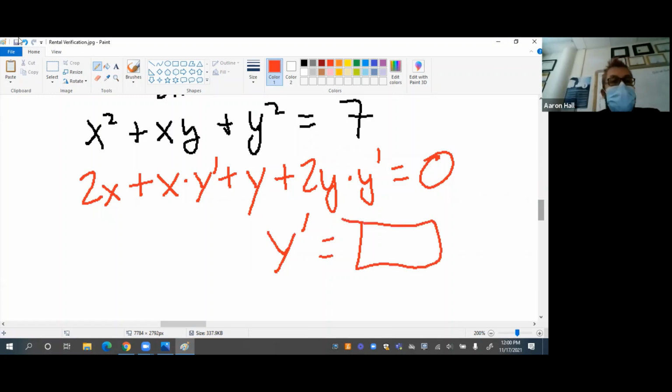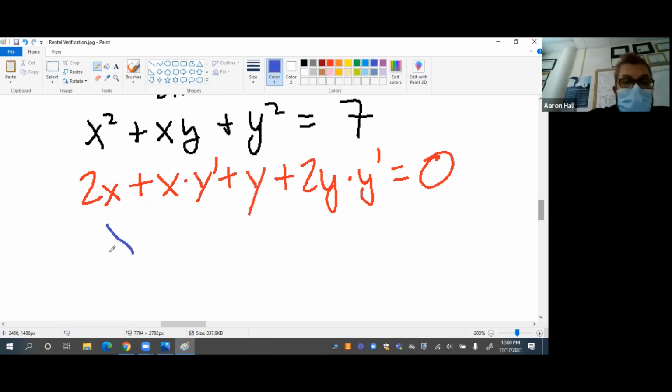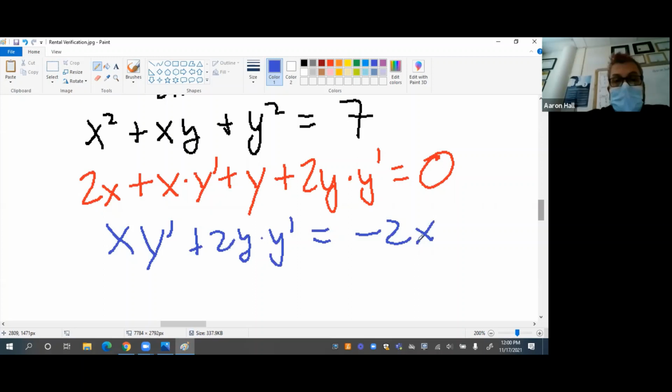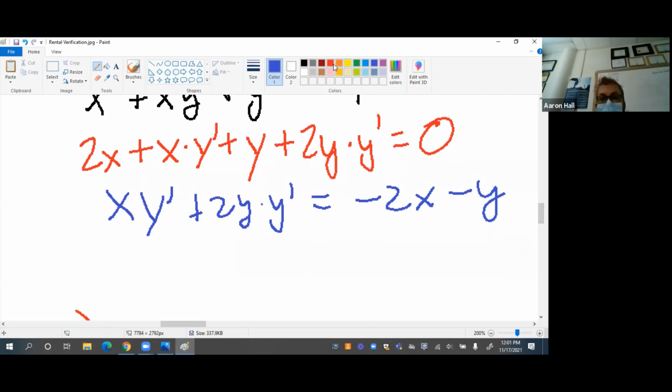How do I do that? Get the y primes on one side, good. So I have x times y prime plus 2y times y prime equals negative 2x minus y. Does that look right to you? Okay, now what? We can factor out a y prime.